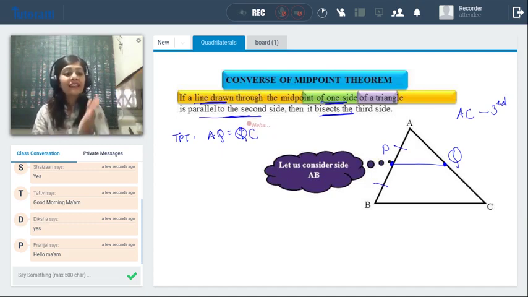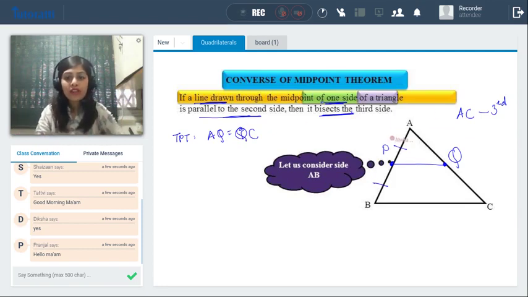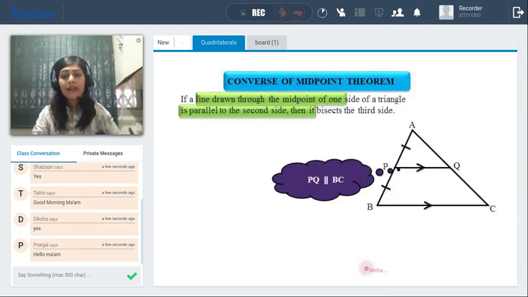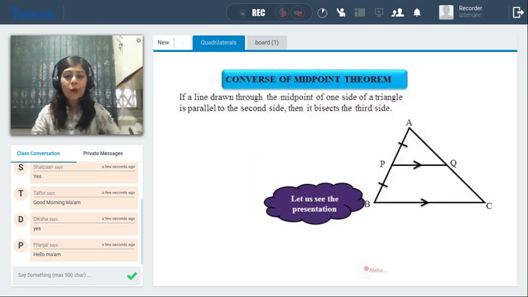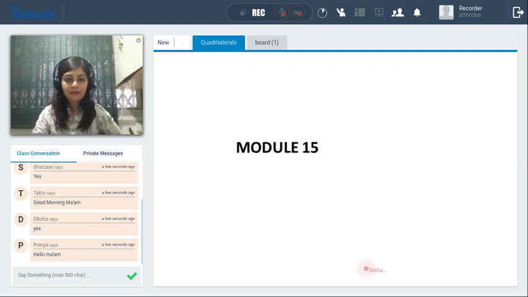So what is given to you? For a triangle, we have the midpoint of one side, we have a line parallel to the second side, and what do we prove? That the third side is also getting bisected. Yes, so this is what the converse of the midpoint theorem says. Let's quickly look at the sums with respect to these two theorems.